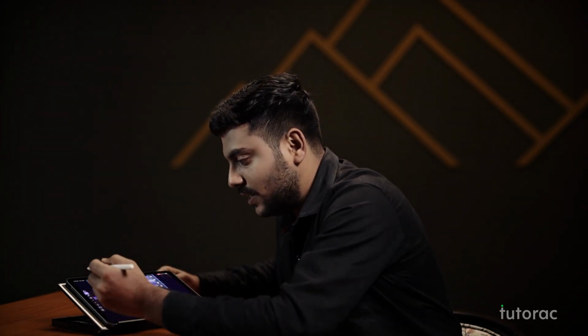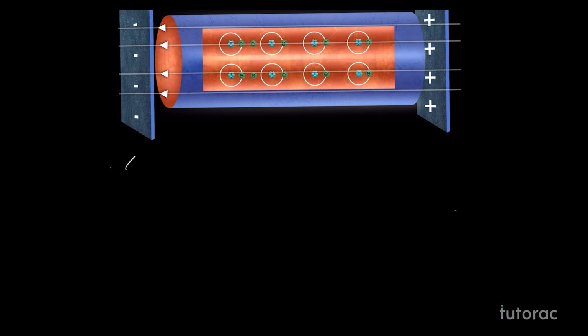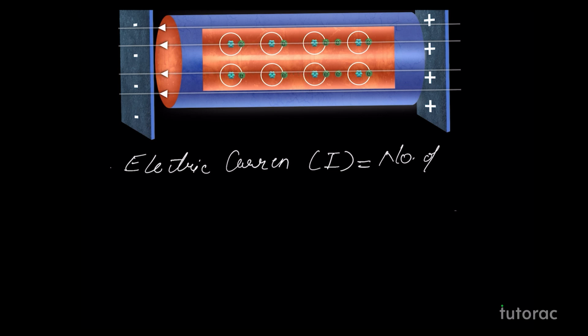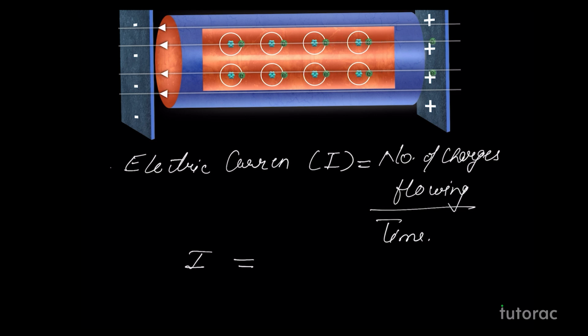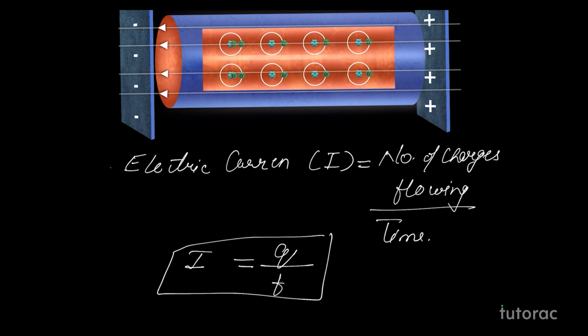To quantify it mathematically, we simply say that electric current, which we denote with I, is the amount of charge flowing per unit time. So I is Q divided by T. This is the general formula to quantify the electric current.